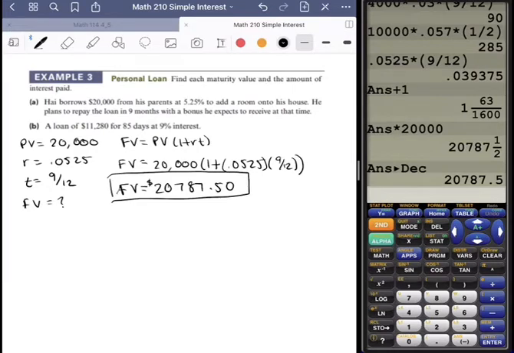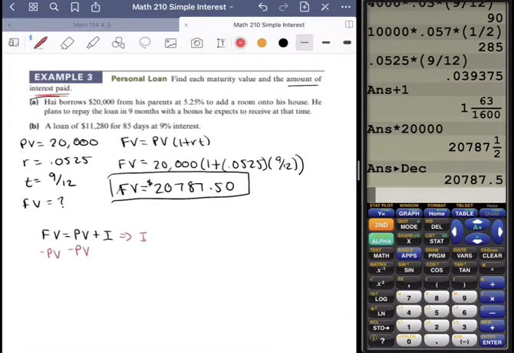Now it's telling us find the amount of interest paid. Well, we know that interest is equal to present value. Sorry, not like that, my bad. So future value equals present value plus the interest, correct? Well, I can manipulate this to solve for interest, which is what we're looking for. So I can subtract present value from both sides.